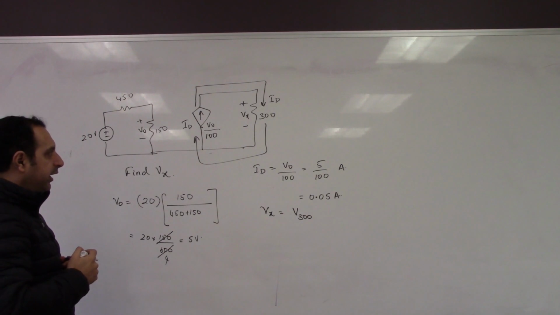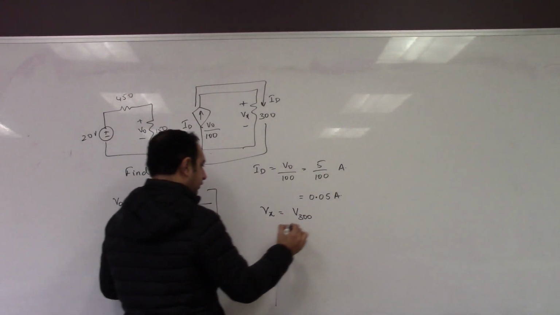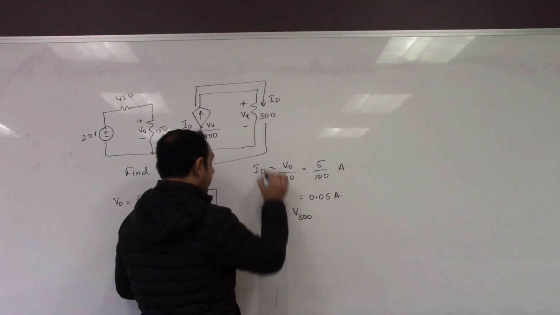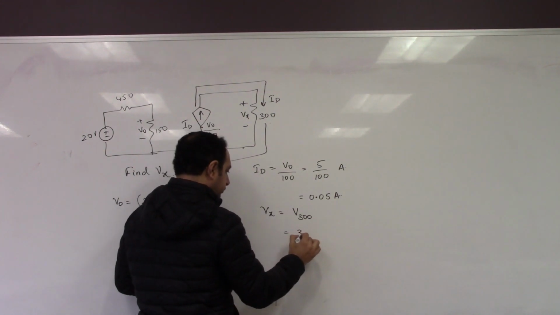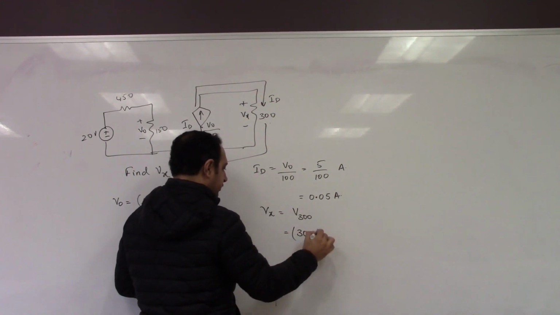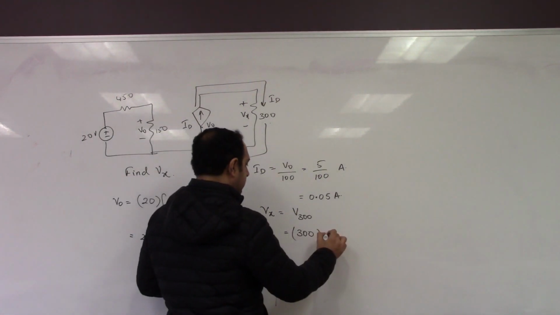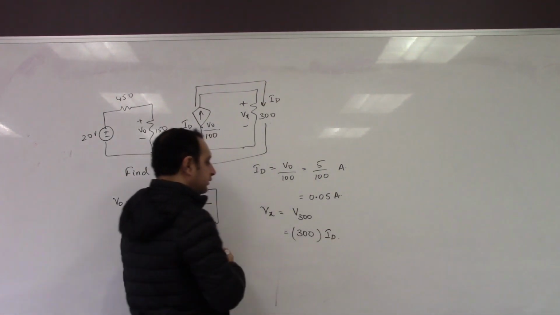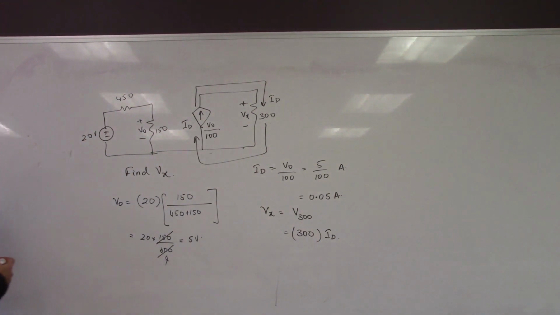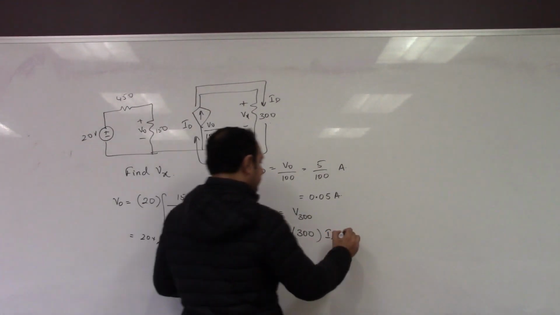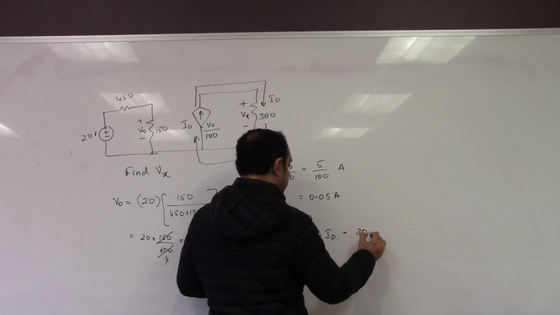By Ohm's law, that's the resistance times the current. The resistance, as you know, is 300, and the current is ID. V equals IR, so here you just say 300 times ID.